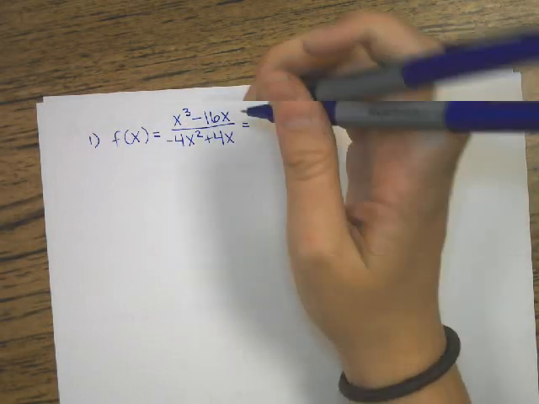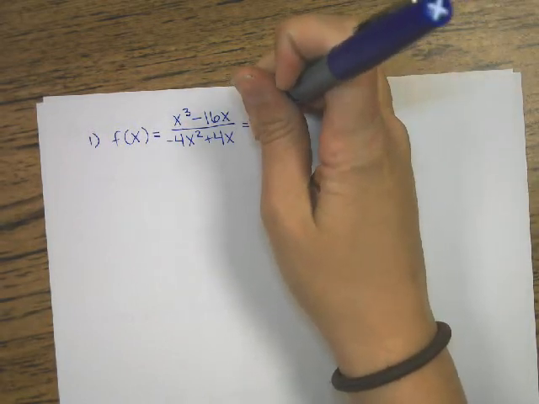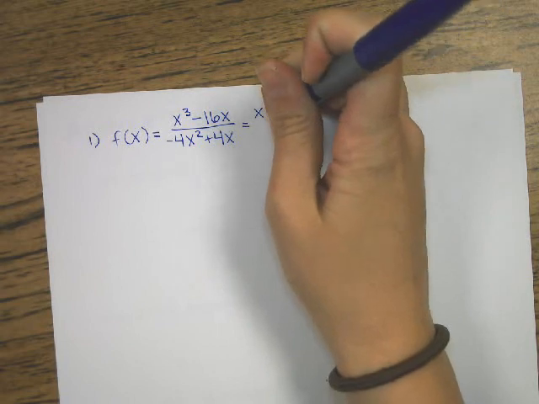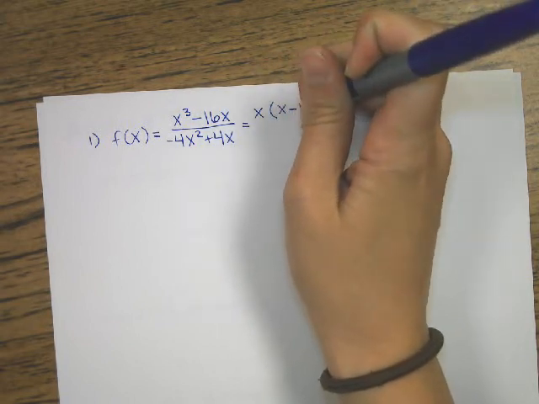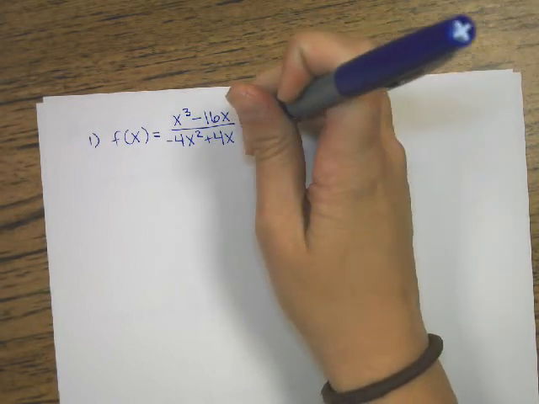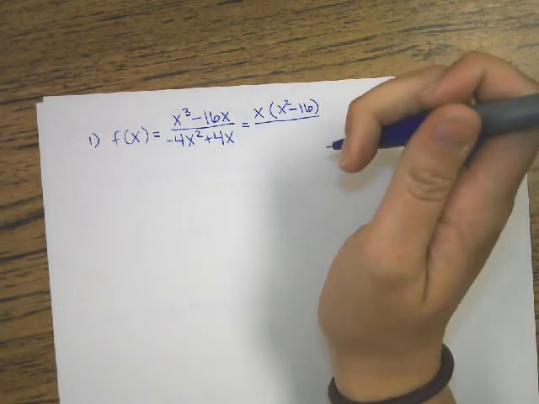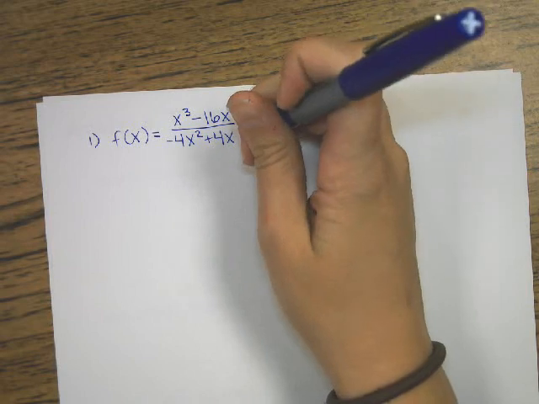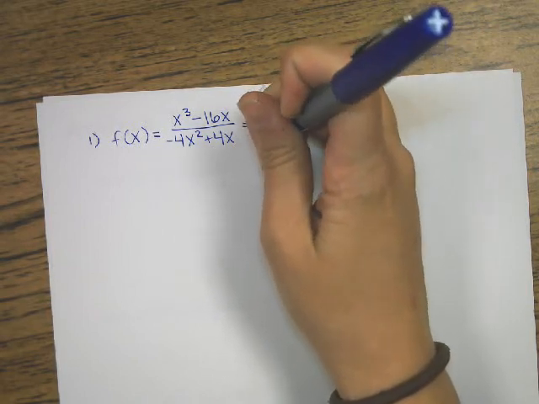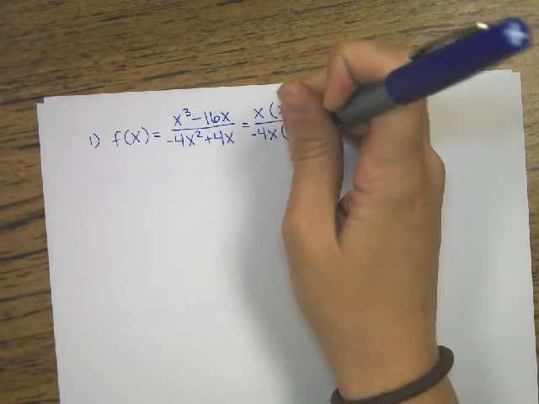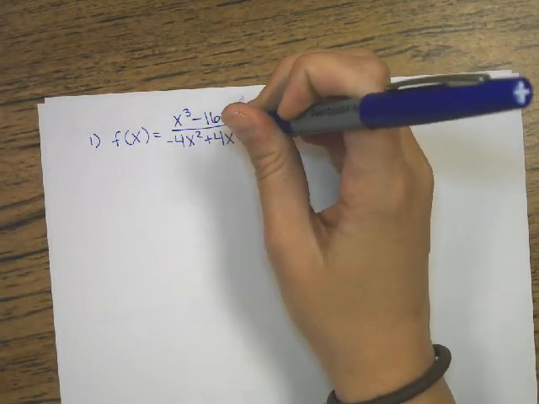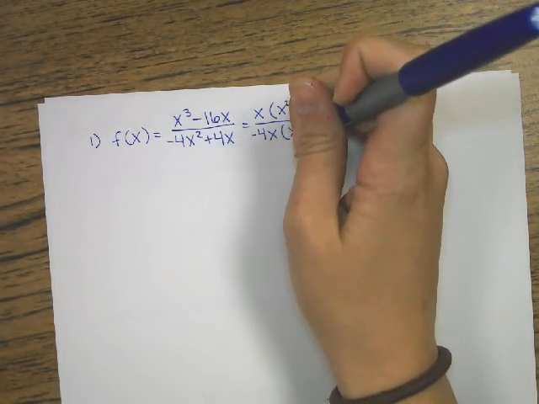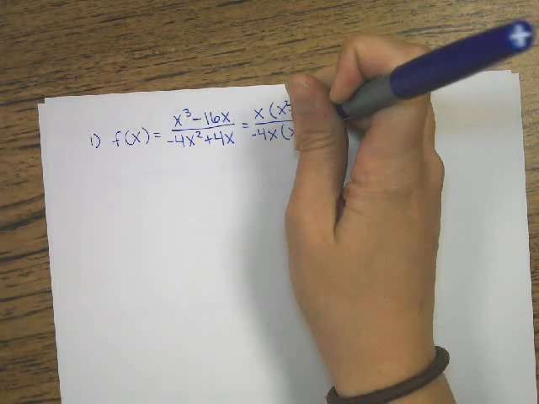To factor the top, it shares an x, so it has a GCF of x, and it's left with x squared minus 16. And on the bottom, I can factor out a GCF of, let's go ahead and get the negative as well, negative 4x, and we're left with x minus 1.